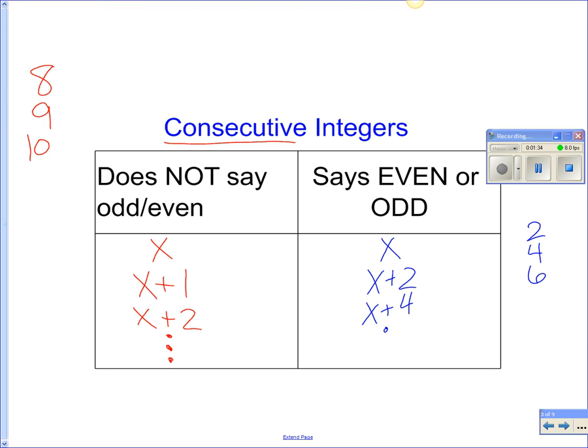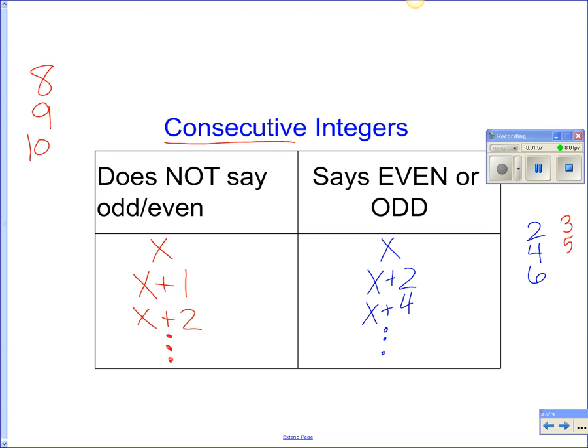Now, here's what messes people up every time, and I will say this a gajillion times this semester. Give me an odd number. 3. What's the next consecutive odd number? Okay, now look. How do you go from 3 to 5? You still add 2.